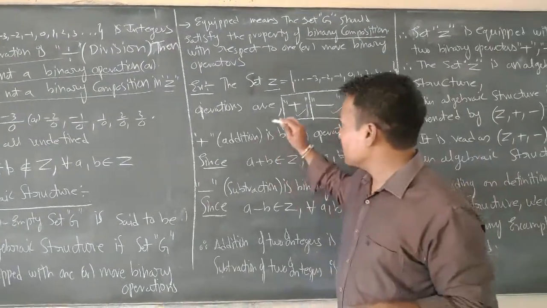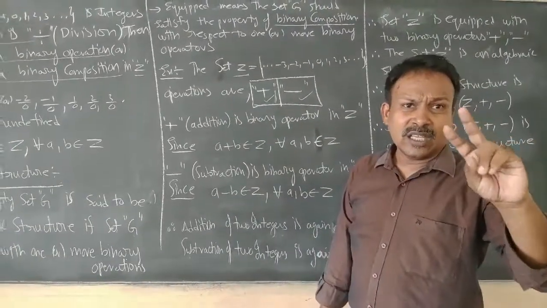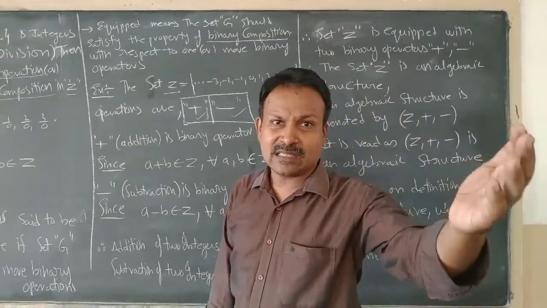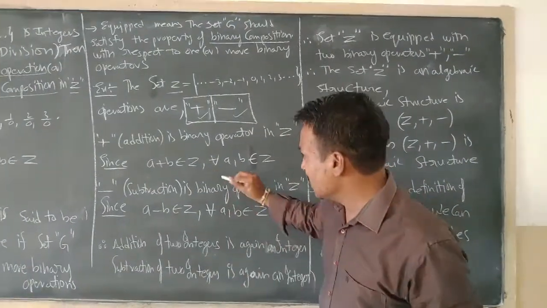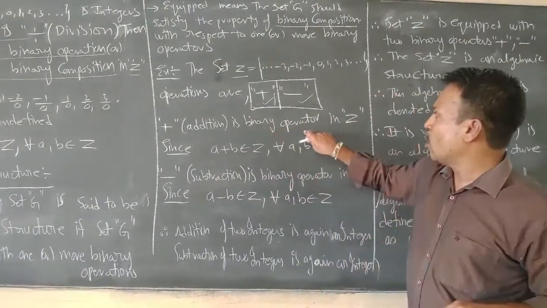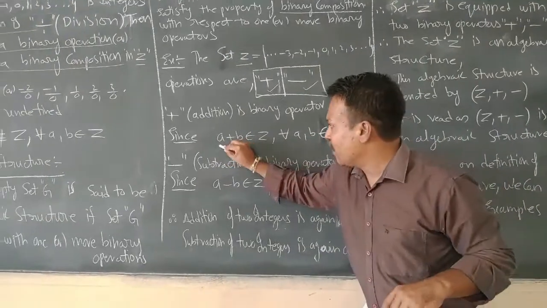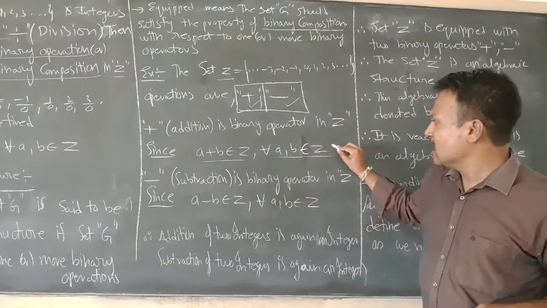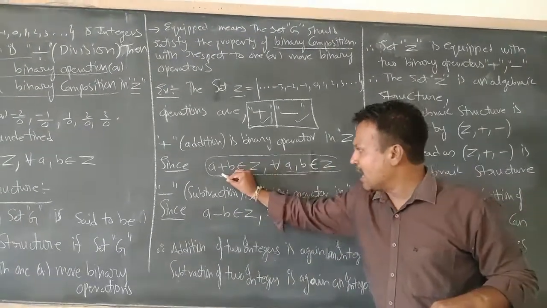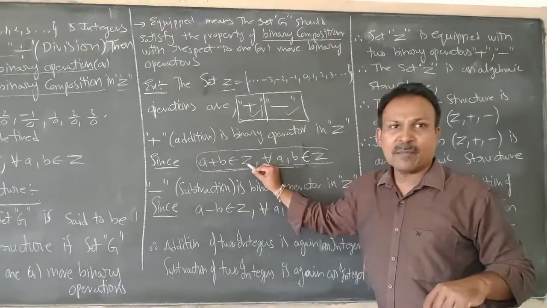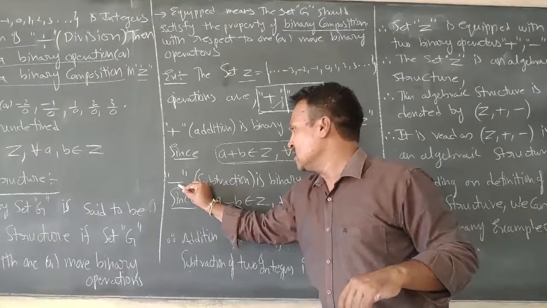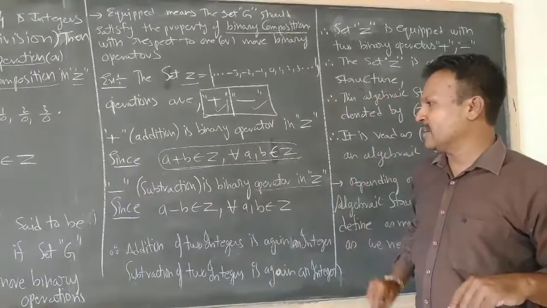We know well that if I add any two integers, the resultant value is an integer. If I subtract any two integers, the resultant value is again an integer. That is what I have written here. Addition is a binary operator in the set of integers Z, since a plus b belongs to Z for every a, b belonging to Z. This says that if any two integers a, b are added, the resultant value is again present in the set of integers Z. For subtraction, I have written that subtraction is a binary operator in the set of integers Z. Why?